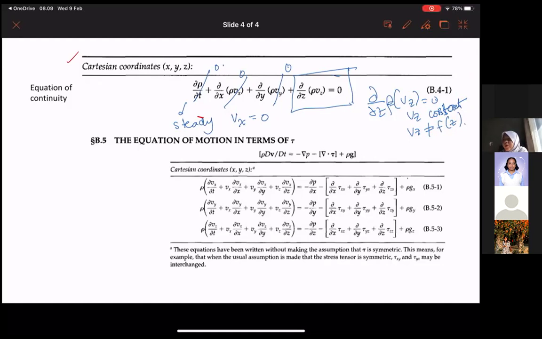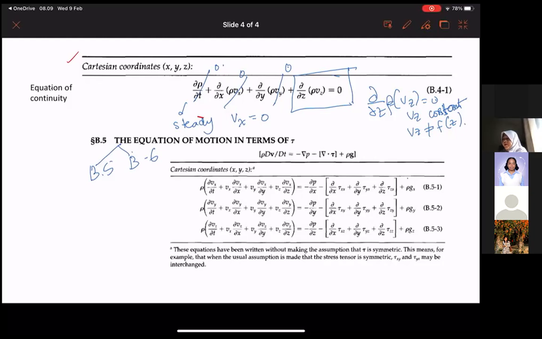The second one is the equation of motion. There are two types of equation of motion, B5 and also B6, so it really depends on what you want to look at.